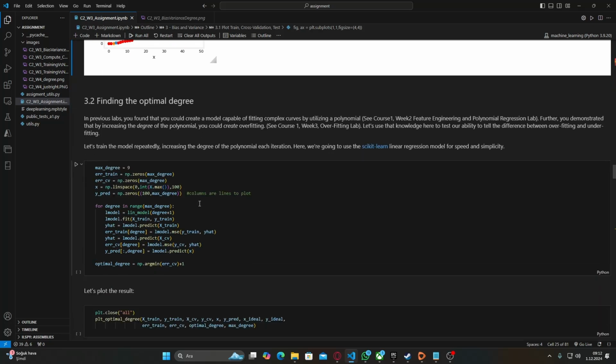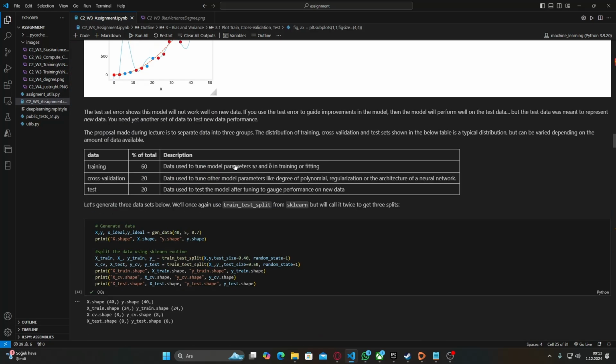And finding the optimal degree. In the previous labs, you found that you could create a model capable of fitting complex curves by utilizing a polynomial, and further you demonstrated that by increasing the degree of polynomial, you could create overfitting.